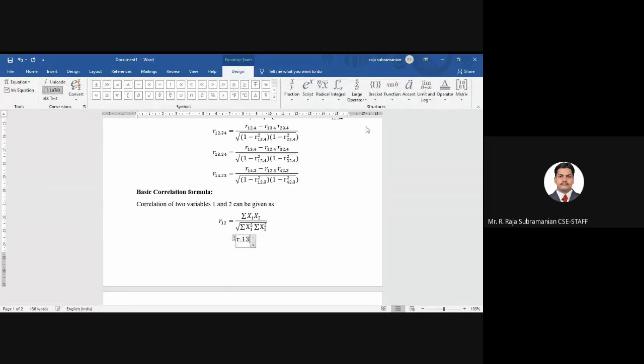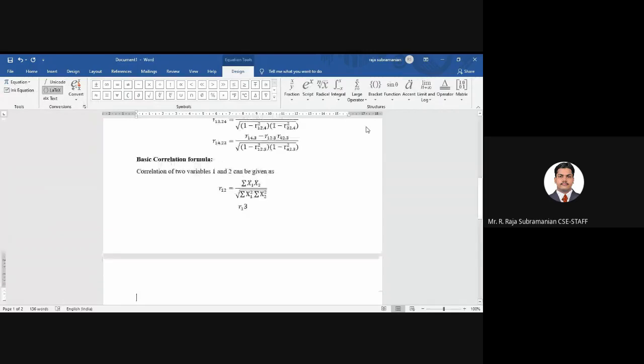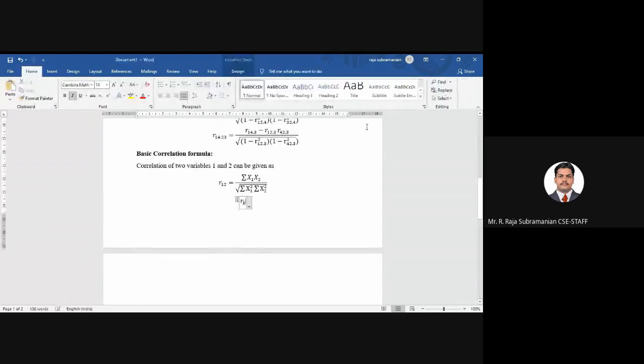Similarly, if I want to take R13, I can write the same thing. Instead of x1, x2, I can write x1, x3. That is actually the difference.